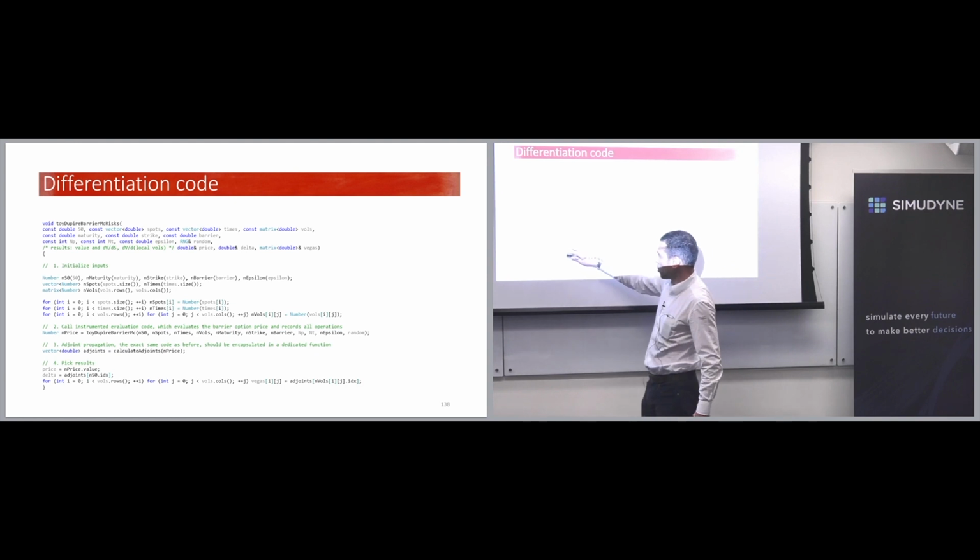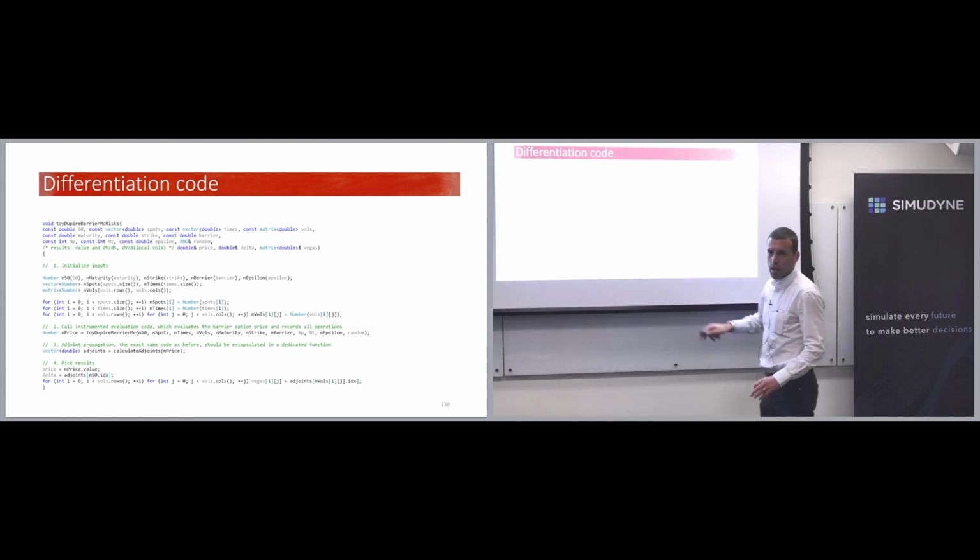And I call this routine that we coded together, called calculate adjoints. And all I have to do is to pick the results. And I know that I will have all my derivatives for an evaluation cost that's up to 3 times one evaluation of Dupire, plus obviously the traversal cost and the recording cost.